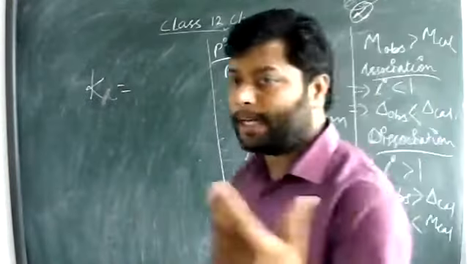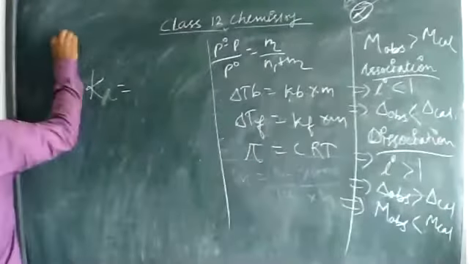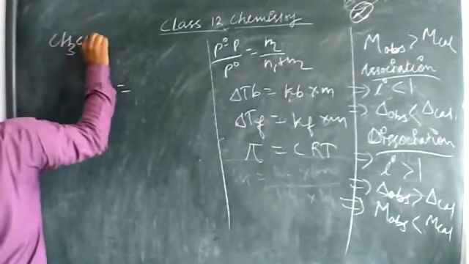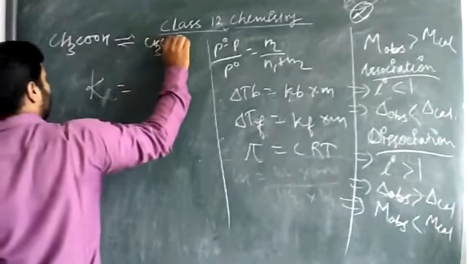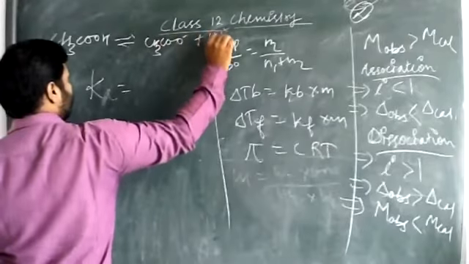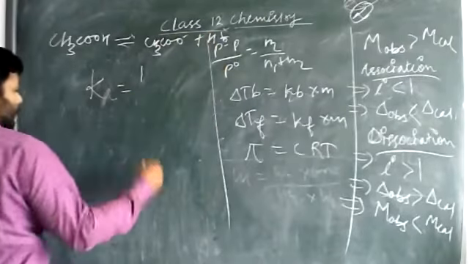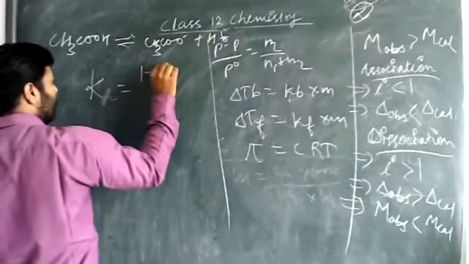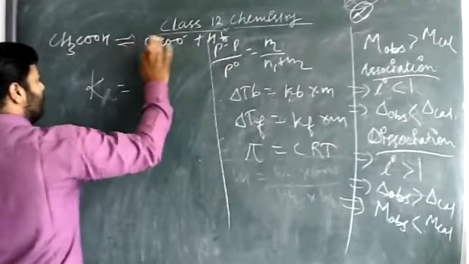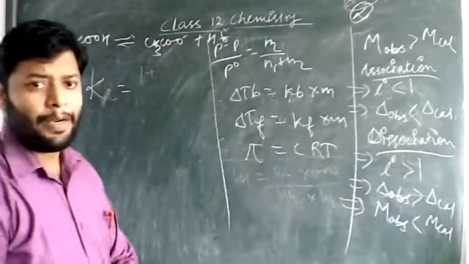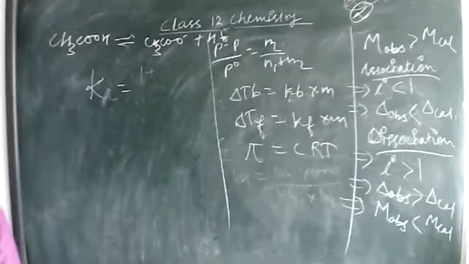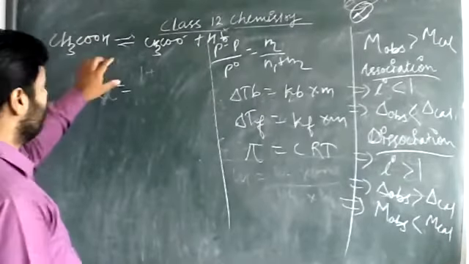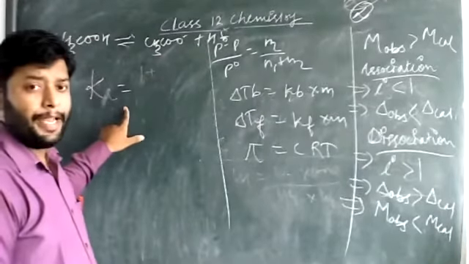Suppose I am taking the example of acetic acid. So what will be the value of K?